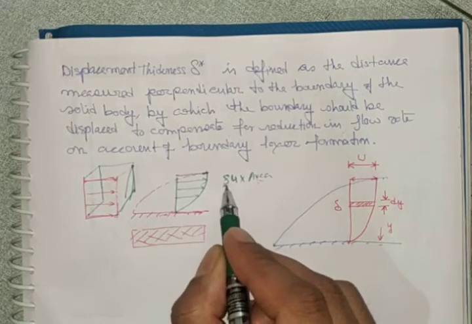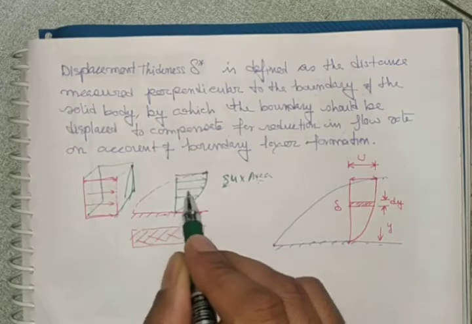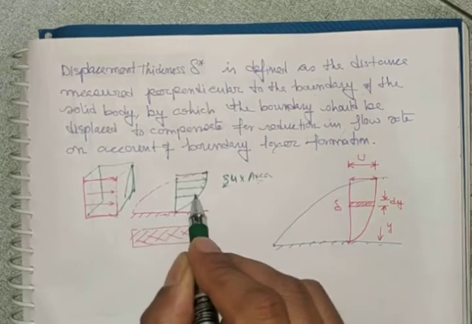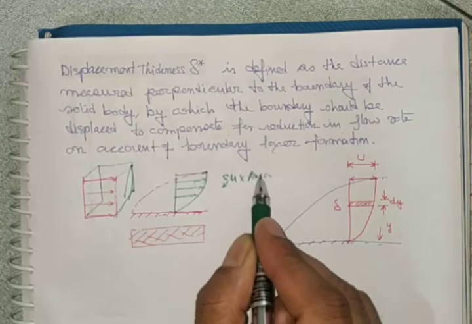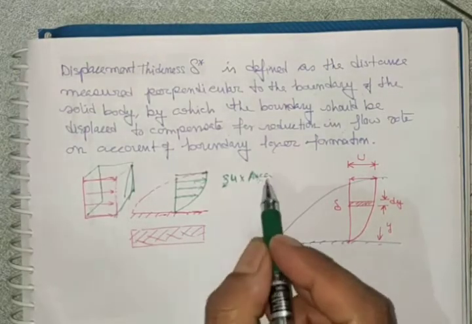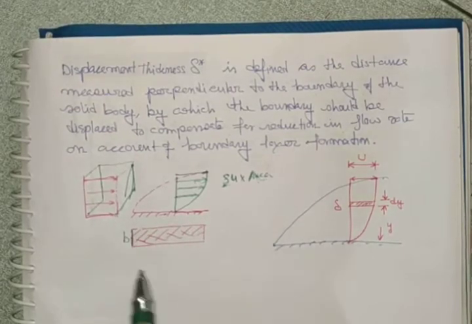So here density is constant. You cannot change the u here actually, but only you can change the area. But again, in the area you cannot change the width. Width will be constant.